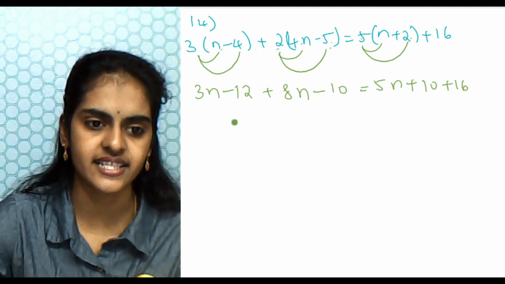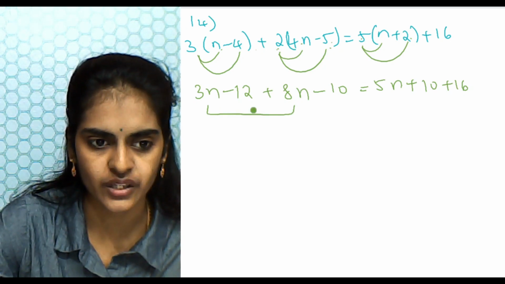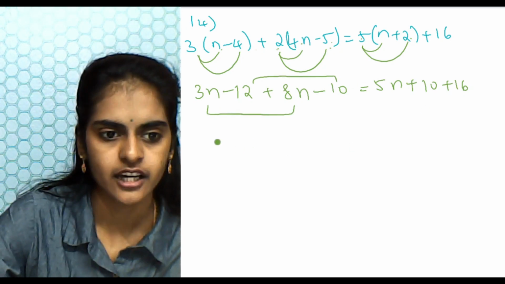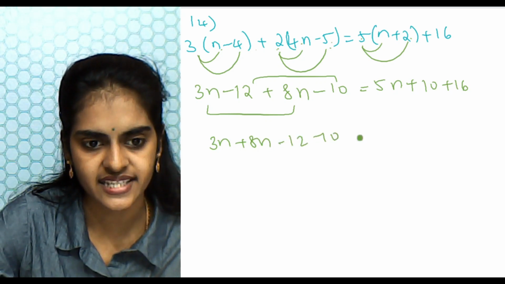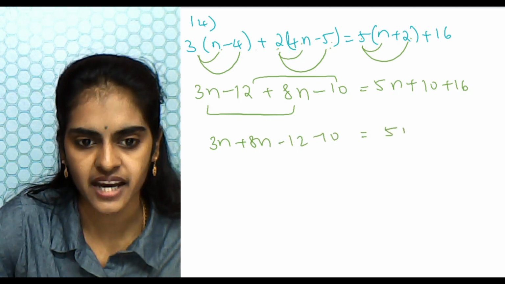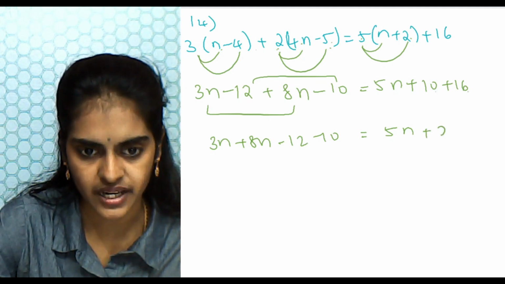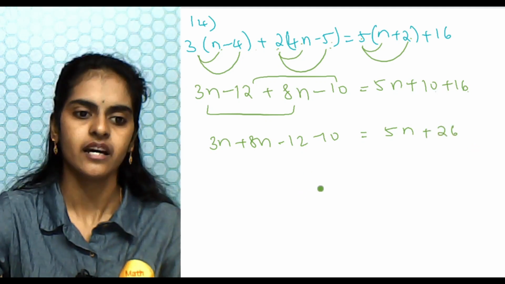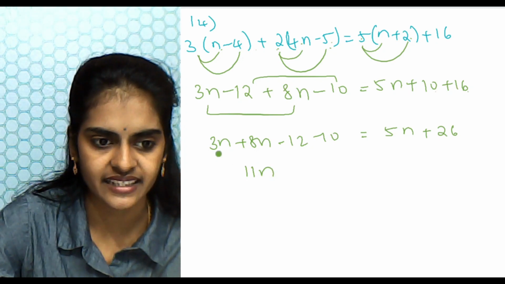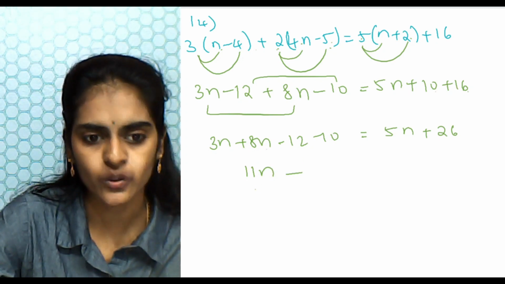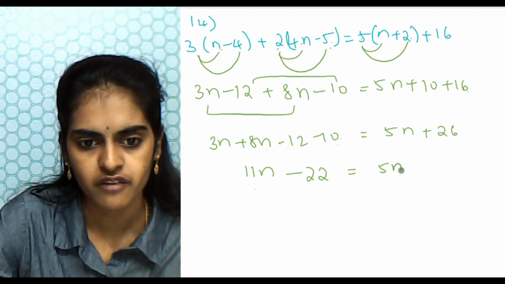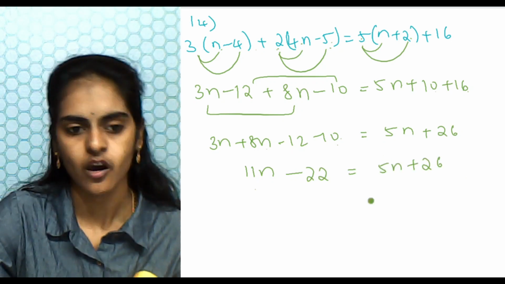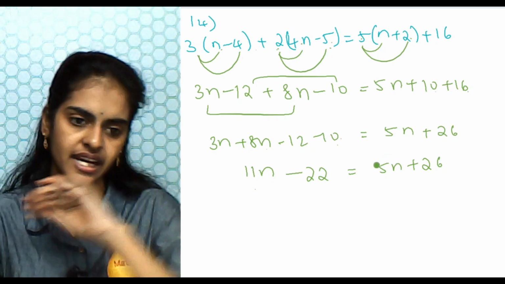Now just see, let us bring these two together and these two together. So it is 3n plus 8n minus 12 minus 10 is equal to 5n, 10 plus 16 is 26. So it is 11n, 3 plus 8 is 11n, two negative integers, so simply you can add, so it is minus 22, is equal to 5n plus 26. Now let me bring all the variables to one side.